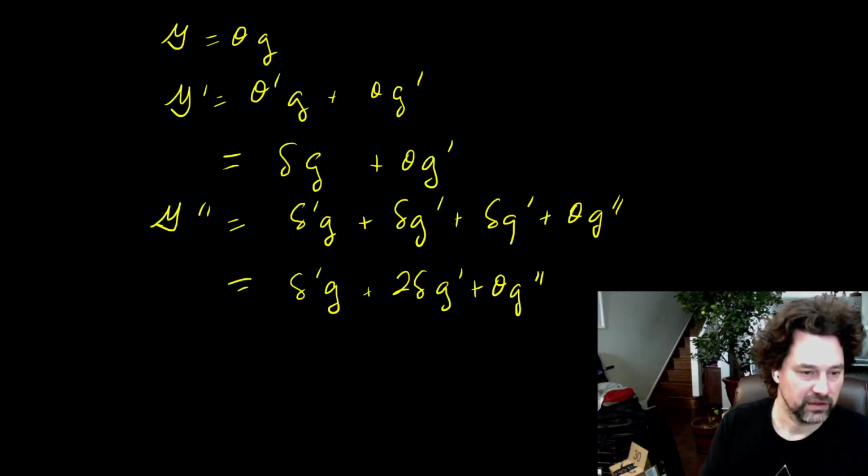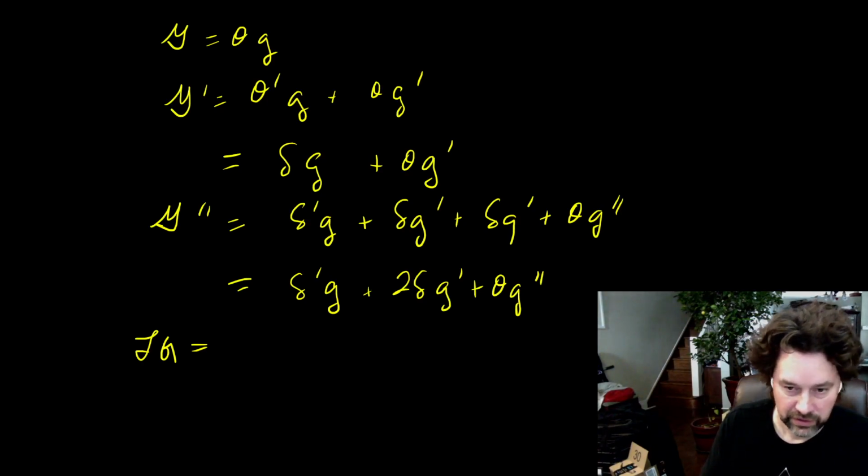Now we can write out L, or specifically write out L of g. So L of g is the second derivative term plus 2 gamma times the first derivative plus omega naught squared g. So let's write all of that out, and as we write it out, we're going to group our terms that have theta dependence.